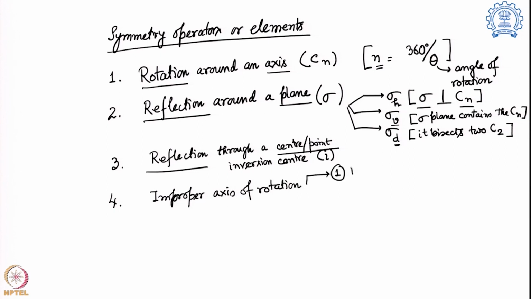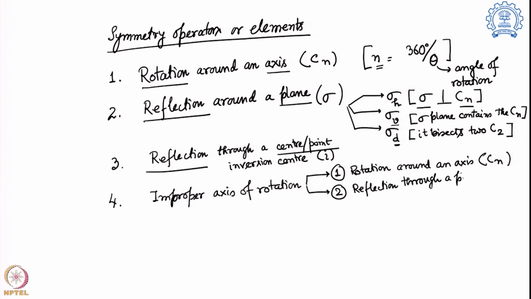First, rotation around an axis, that means it is nothing but a Cn, and the second operation, just next to it, is a reflection through a plane which is perpendicular to Cn. That means we are doing nothing but a sigma horizontal operation.